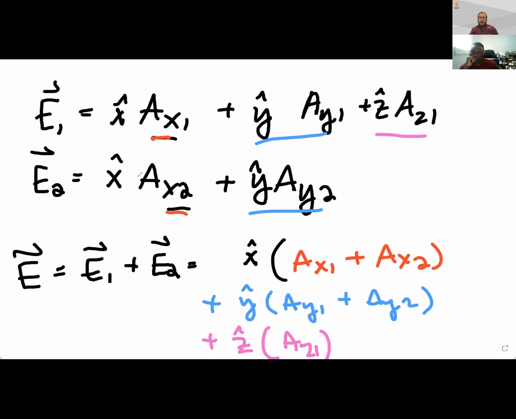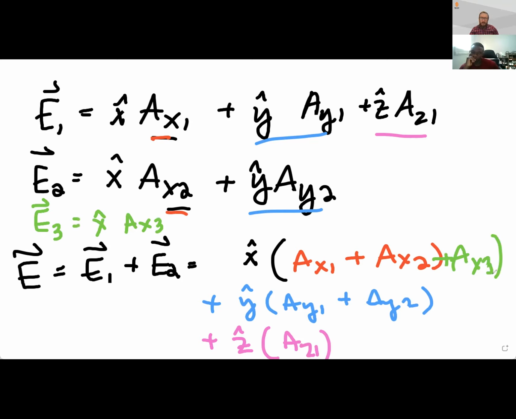And we could add in another field. Even if we had E3 that had AX3, we would just add it in here. The superposition is saying that the fields just add together.